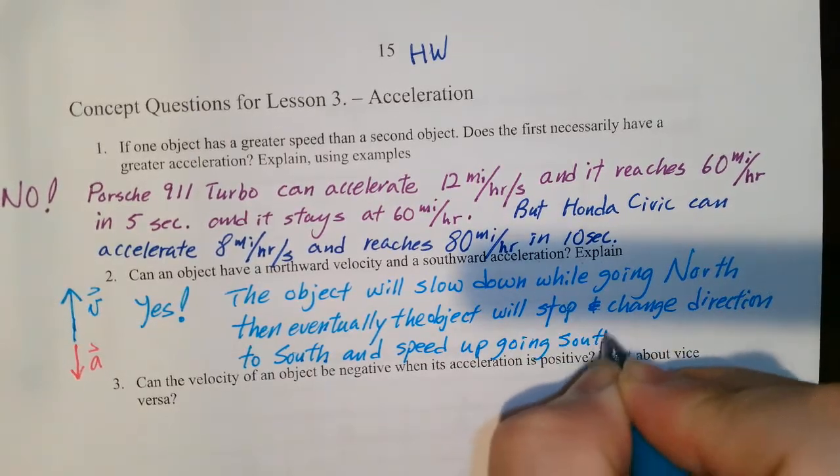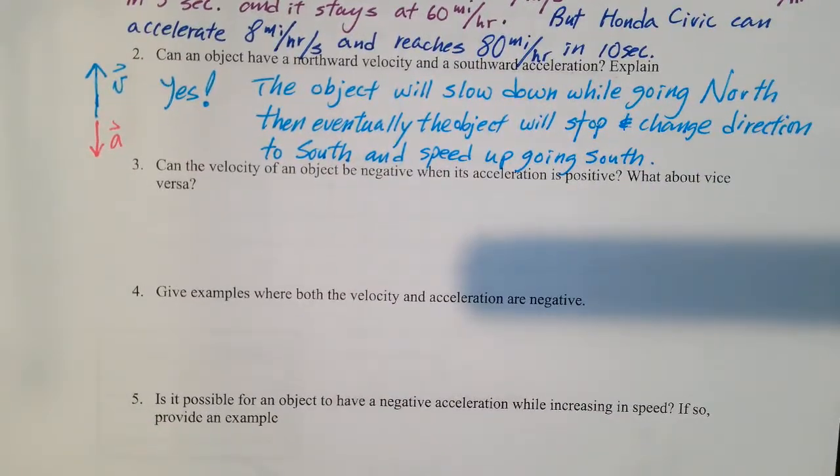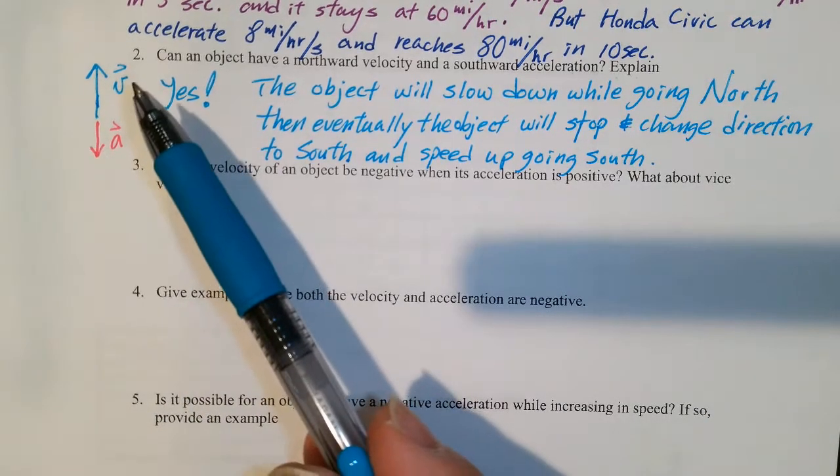All right. So it's going to slow down, slow down, slow down, going north as it's going up north. And then eventually the object will stop instantaneously and then change its direction to south and speed up as it goes south. So as soon as that happens, the velocity is no longer north anymore.